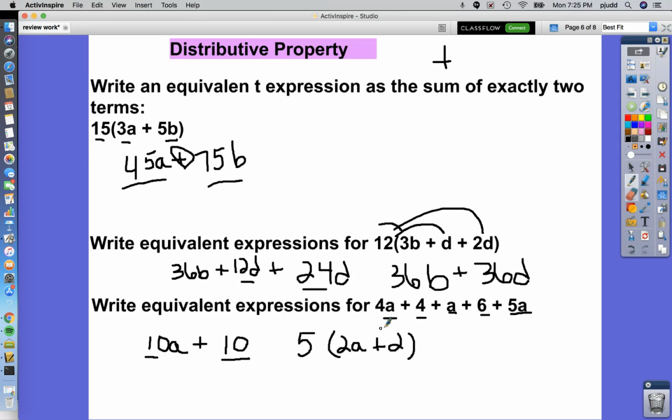Would that give me the same thing as this? If I multiply 5 times 2A, that's going to give me 10A. And if I multiply 5 times 2, that's going to give me 10.